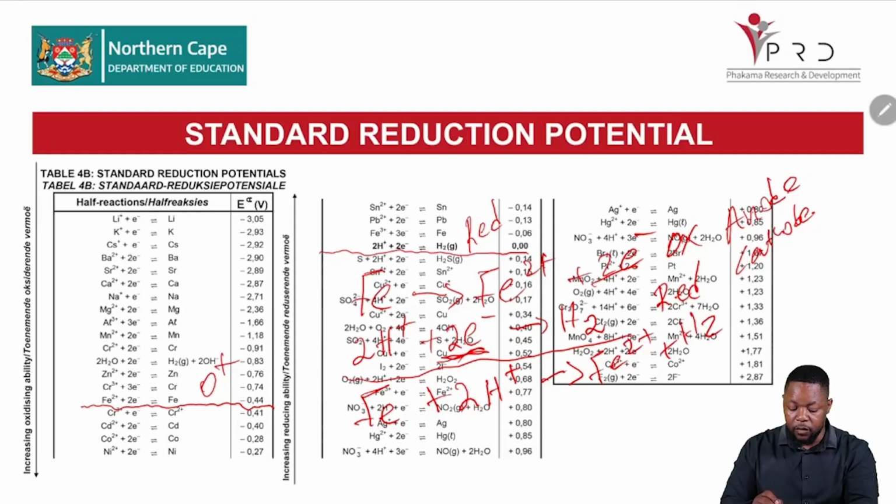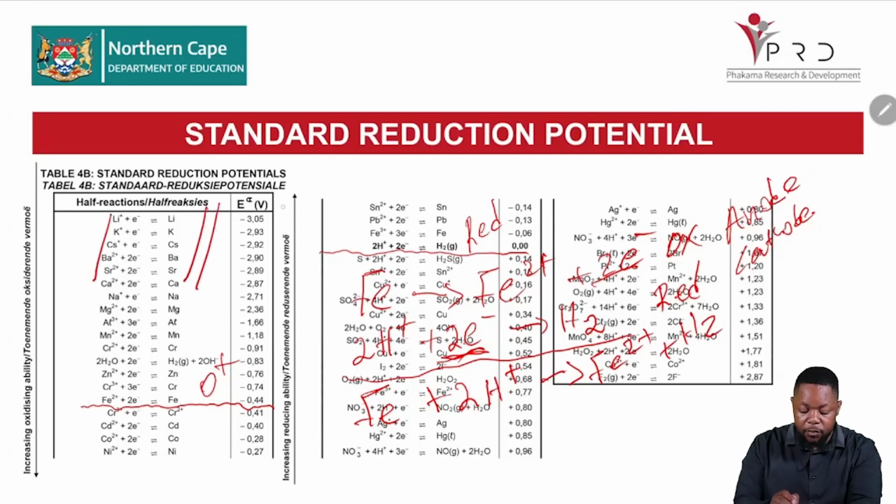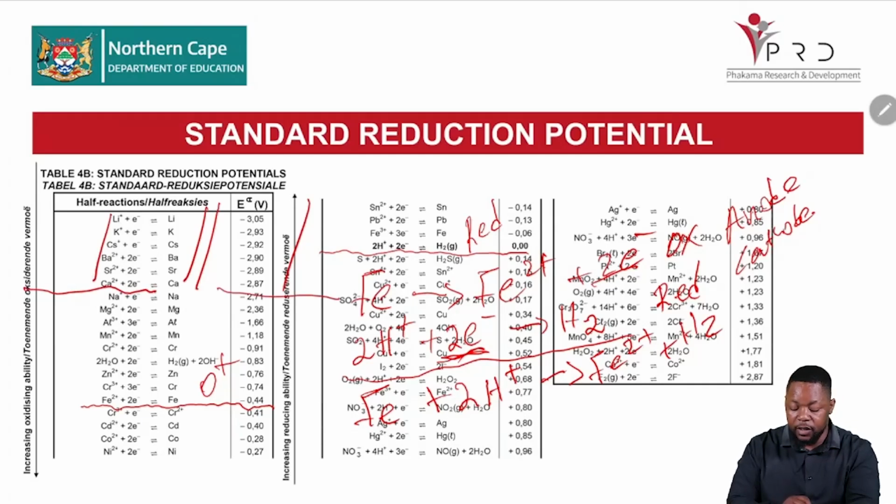If we want to write the cell notation, remember there's a salt bridge and there's a phase change. On the left, we write the substance that undergoes oxidation. On the right, we write the substance that undergoes reduction. The one that undergoes oxidation, in this case, is iron, which is a solid that undergoes oxidation to form Fe2+, which is aqueous.